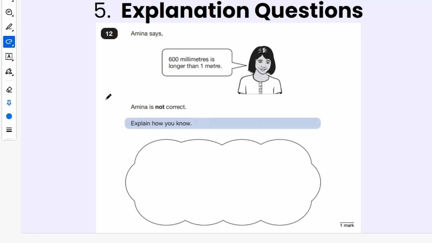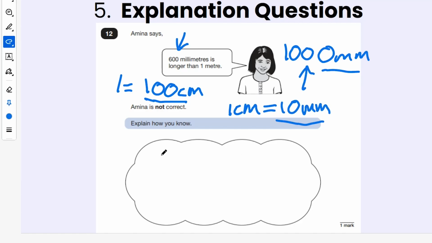Well, first of all, we know that in 1 metre there are 100 centimetres. And in 1 centimetre, we know there are 10 millimetres. Okay, because 1 metre would equal 1,000 millimetres.